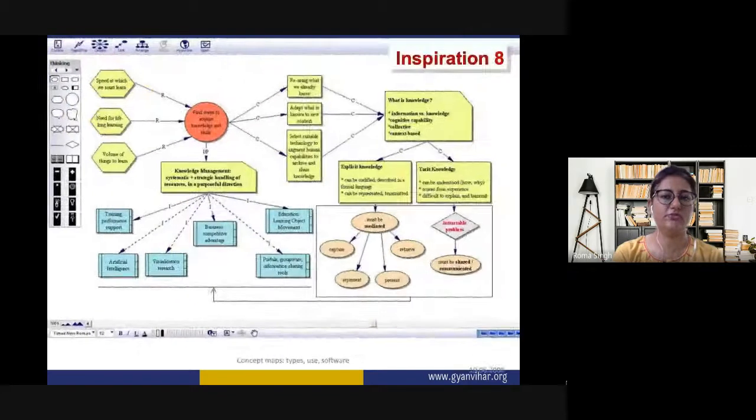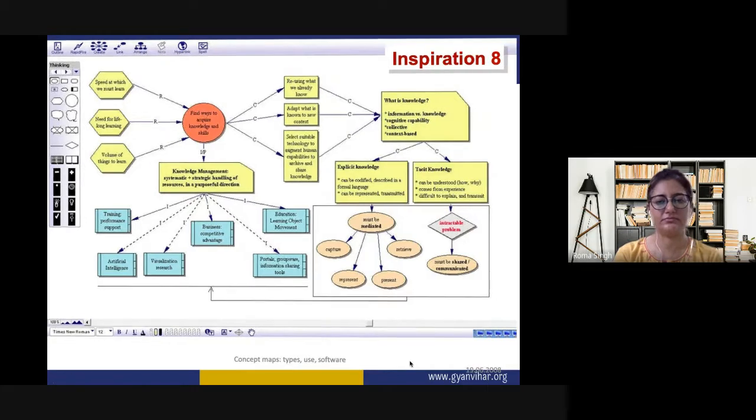This is an example of the Inspiration software, and this is how CMap also works, where with the help of these tools we prepare various shapes, place various arrows, and type or write different kinds of text among them. We can prepare different kinds of patterns according to our needs.